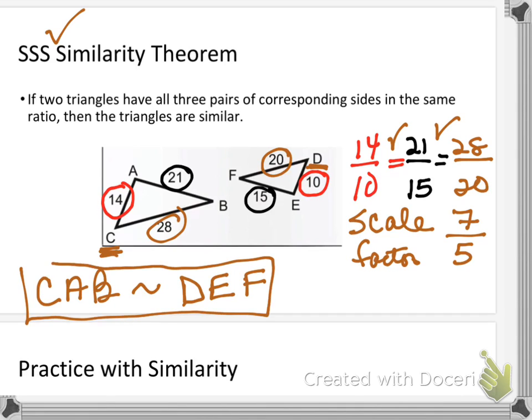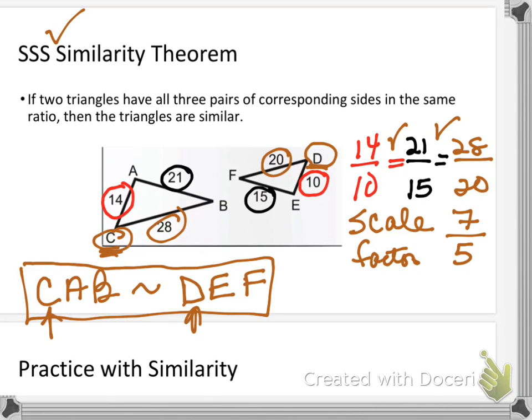So you need to be very careful how you get that. It's always easier if you have angles to deal with, but as long as you take some time to agree in your head upon a starting point, and I started between the big and the small, and picked C, then I picked D, and that's where I began my similarity statement.